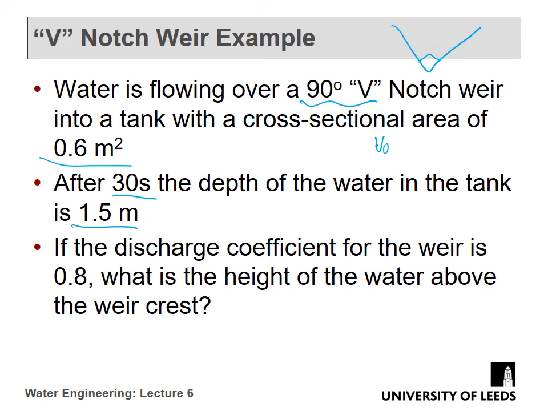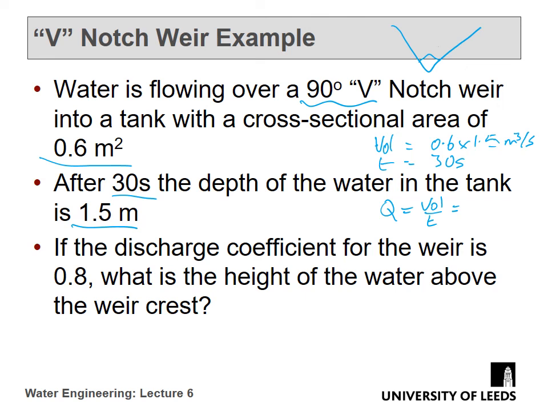The volume is equal to 0.6 times 1.5 meters cubed, and the time is equal to 30 seconds. Q equals volume over time, which we'll work out in a moment.